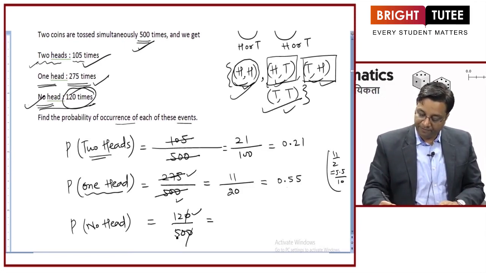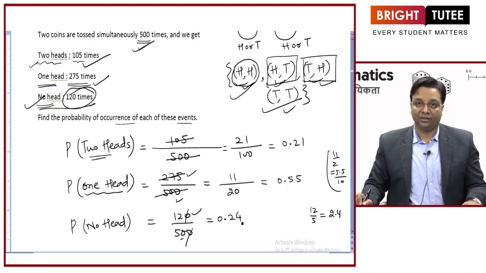So 12 by 5 you calculate separately, it will be 2.4, and then divide it by 10, so the probability will be 0.24.